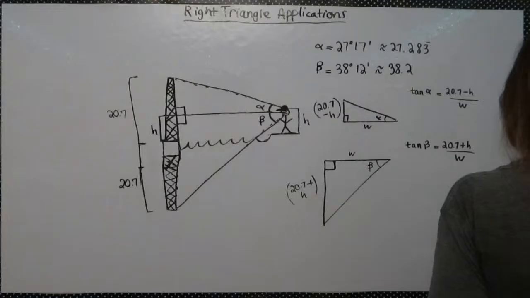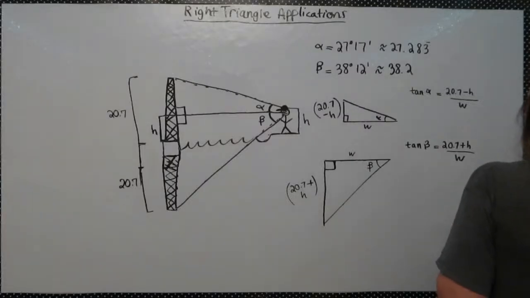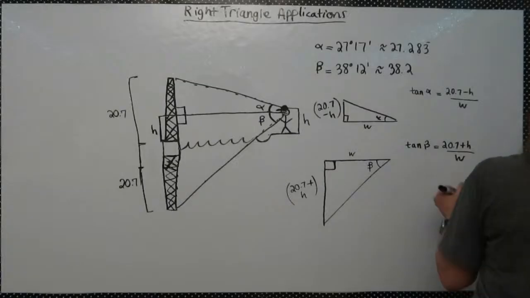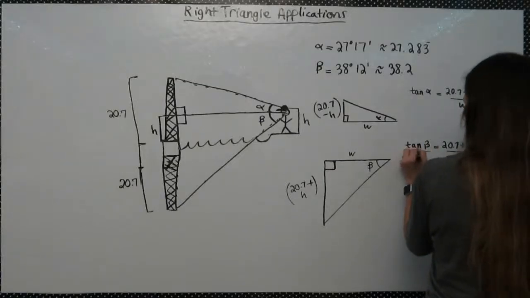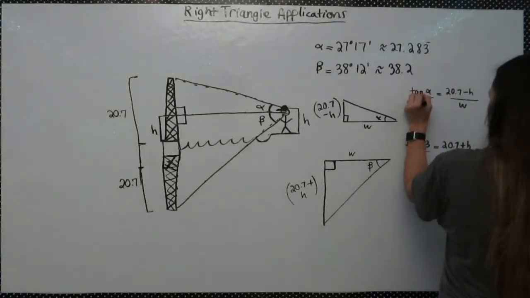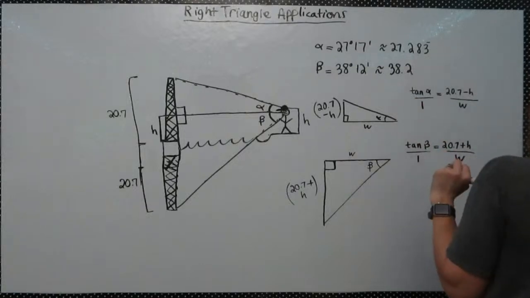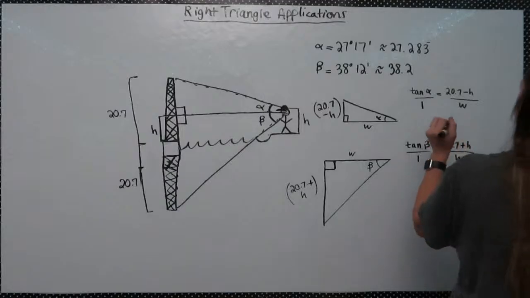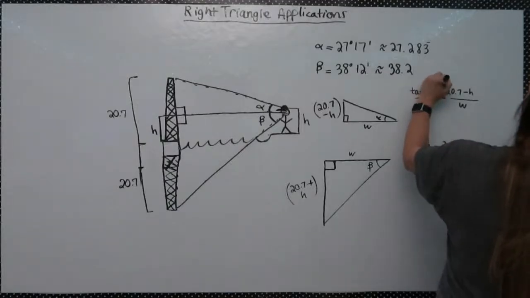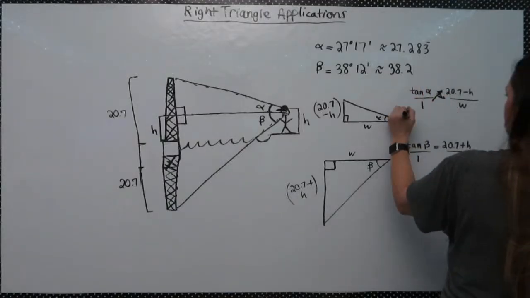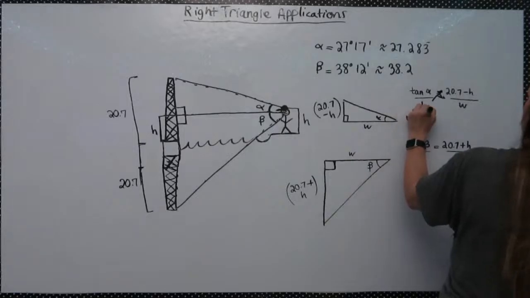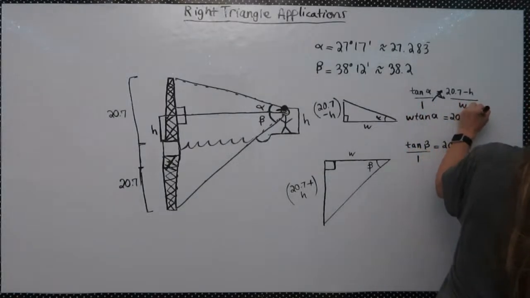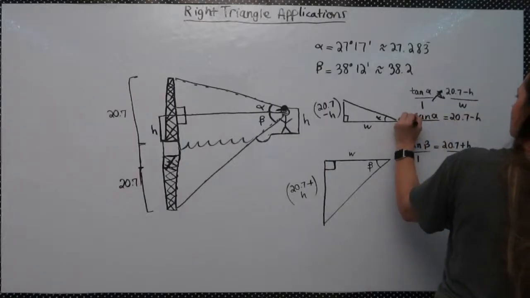How I chose to solve this was I solved each of these for w, set them equal to each other, and then figured out what h was. I think that's probably the best thing to do. So we're solving this for w with cross multiplication. That gives you w tan alpha equals 20.7 minus h, and then you divide off the tan alpha.